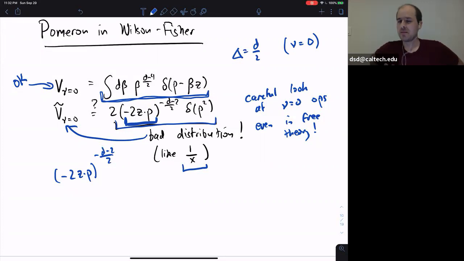I'm not sure what the role of this discussion is in the free theory. There's an interesting operator in the free theory that we have not written down yet, and I'm going to write it down on the next slide.